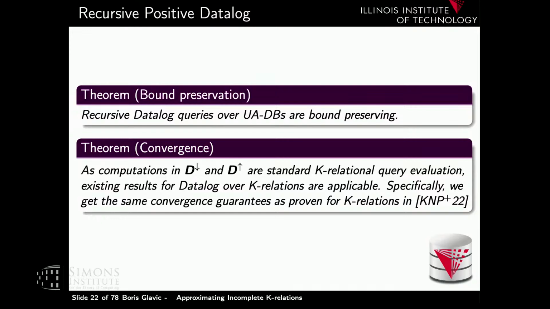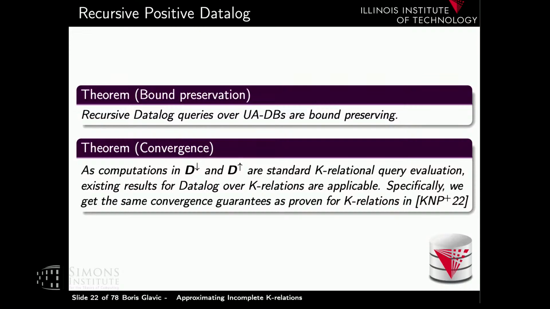So if a semiring, and these results basically use the length of chains with respect to the natural order to provide some query-specific worst-case bounds on the convergence of Datalog. And basically, because in our case, the two dimensions, we treat them completely independently, if we have a certain bound n for a query over a K relation, now we get the same bound n for convergence of these approximations that we have. Also completely for free, right?